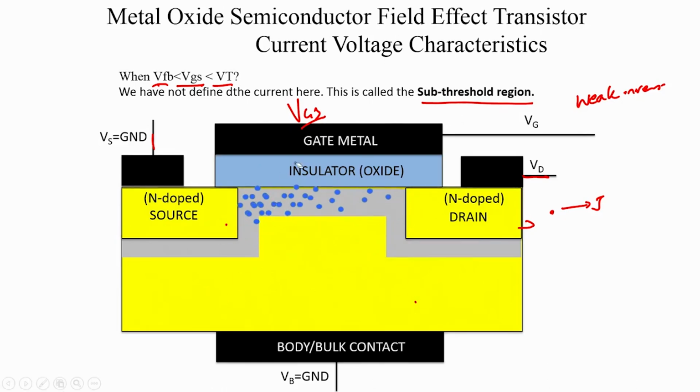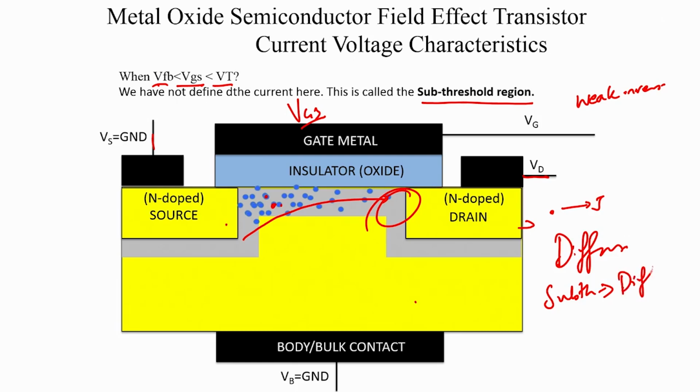So, you have a concentration gradient in the electrons, and these electrons do not feel the drain to source field till they reach this depletion edge, and therefore their flux is governed completely by their concentration gradient, and the mechanism of transport is diffusion. So, in the subthreshold region, we cannot use a drift equation to model electrons, but rather we must use the diffusion component.